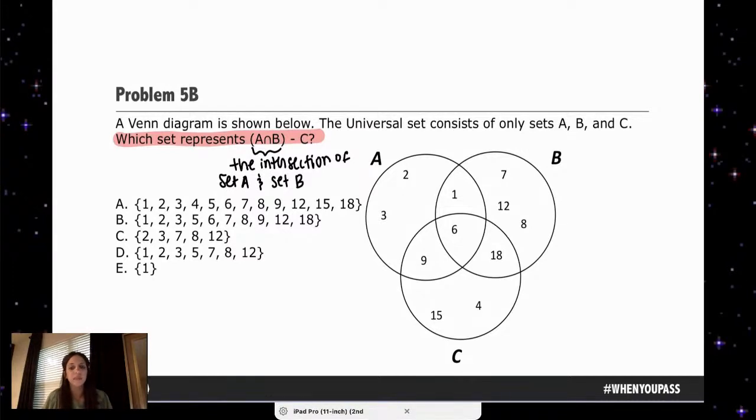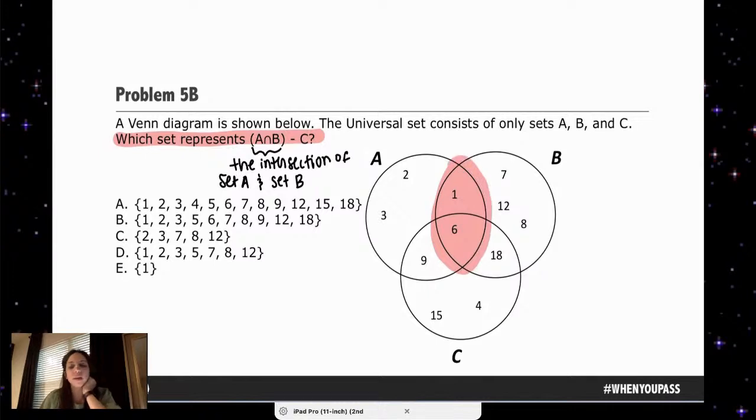minus C? We're going to start by looking at just the intersection of set A and set B. What is the intersection of set A and set B? Just where A and B intersect.